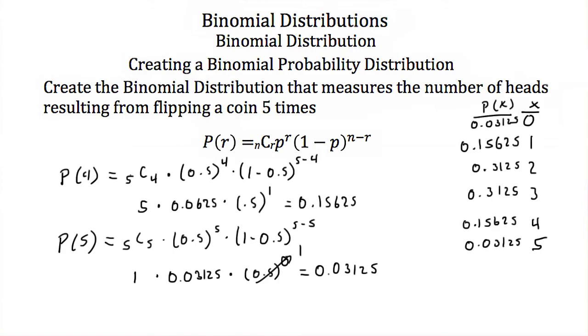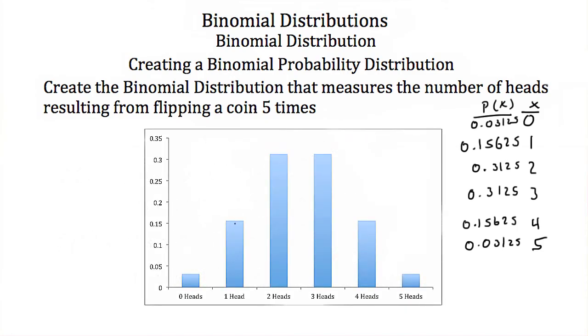So we found all of our probabilities for all of our different values of x. Remember, x is just the number of heads we get, but think of that as the number of successful attempts we get if we flip the coin 5 times. So this is our distribution, and if we want to express this as a histogram, it would look something like this.